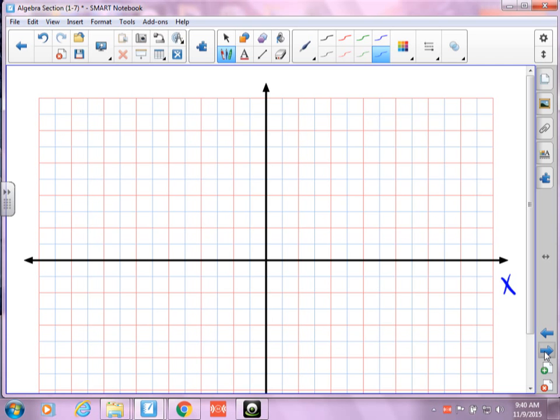Make sure you put arrows on the end of your lines, and also make sure that you label them X and Y. Okay, so my first ordered pair was 1 what? 1, 2. So I'm going to go 1, 2. Put my dot right there. My next ordered pair is 2, 3, and my next one is 3, 4.